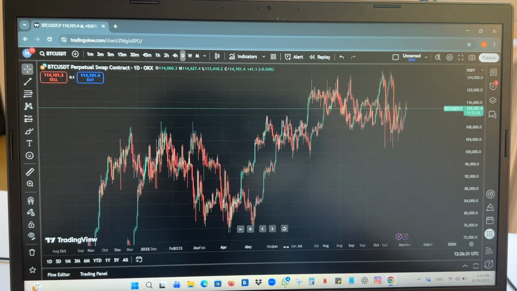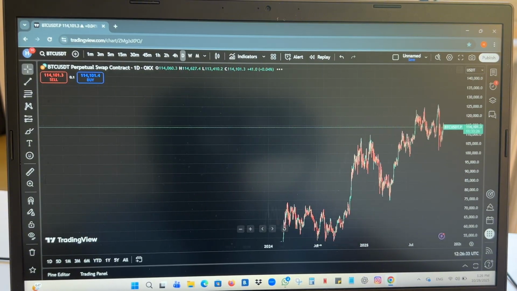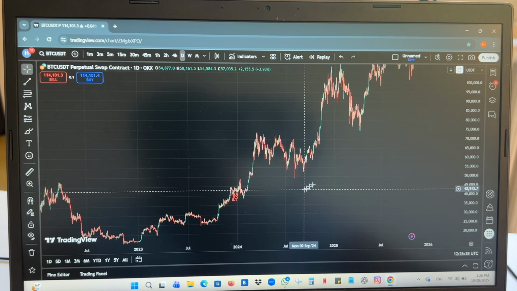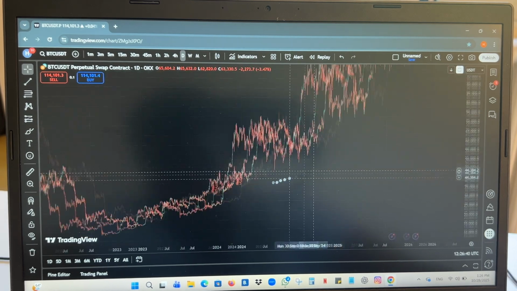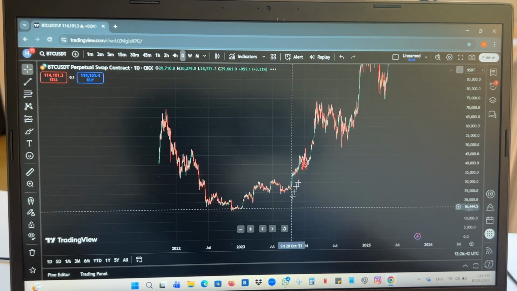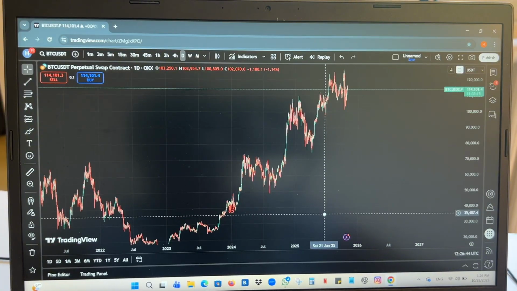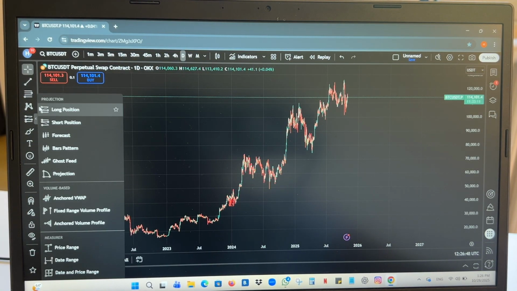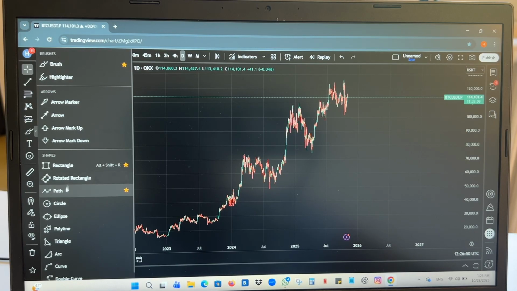So by the looks of it, you cannot understand them yet. This is BATC, and it's actually in an uptrend by the looks of it. You guys can actually see it's making higher highs, higher lows. This is the daily chart. Let me show you how the path goes.